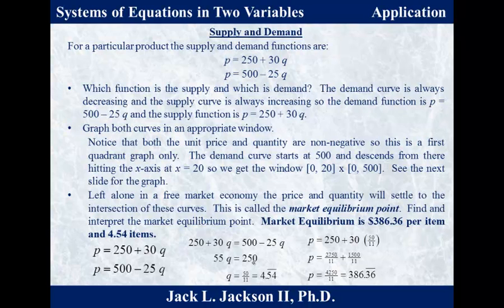And I'm going to do it by back substitution this time. I'll let the Q be 50 over 11, and I substituted into, well, either one. I did the supply curve. Put 50 over 11 in place of Q. Solve that for P, and we get P as 4,250 over 11, or 386.36 with the 36 repeating.